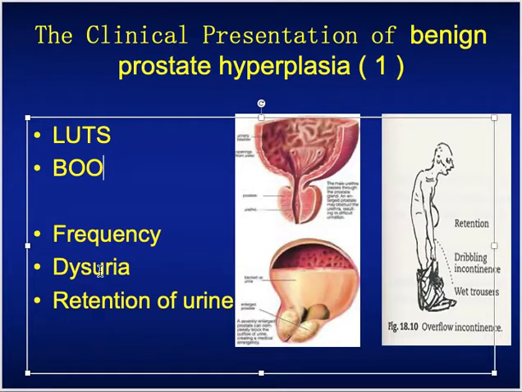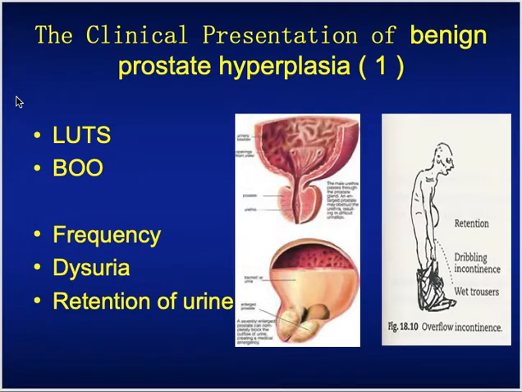It's not like when a normal person urinates: once the urine starts coming out, it keeps on coming out until the bladder is empty. But in them, when they start urinating, they urinate a little and then it stops, then they urinate a little and then it stops. So you can say there is intermittent urination. Once they have finished urination, they have post void dribbling, the urinary drops keep coming out.